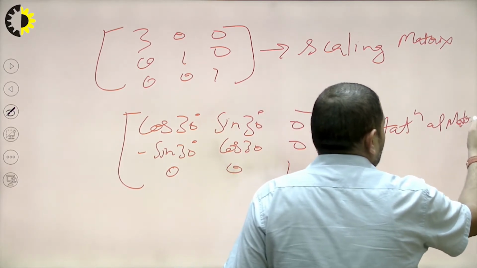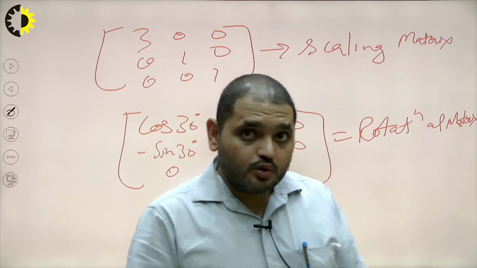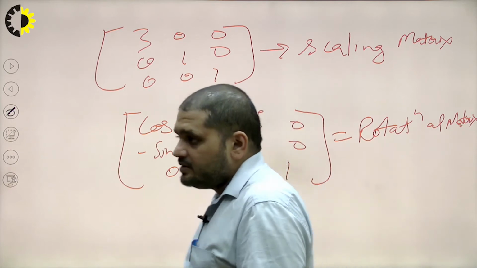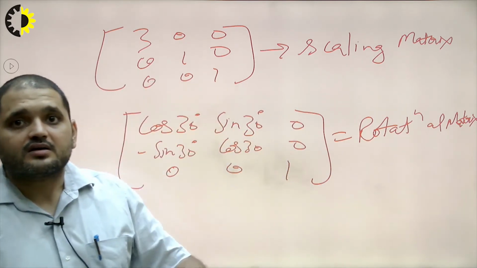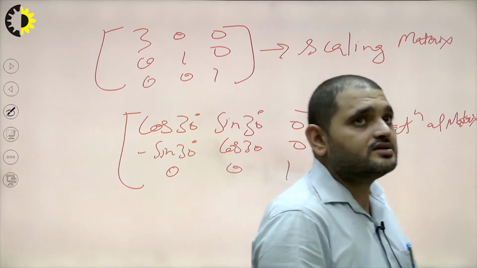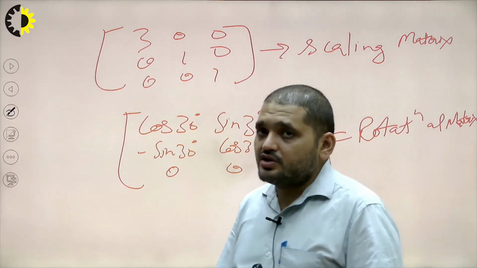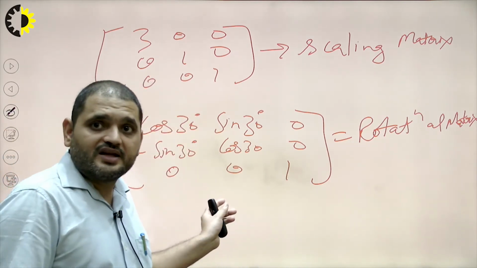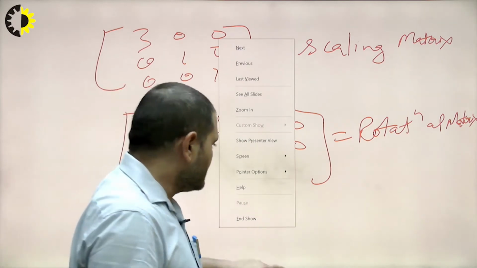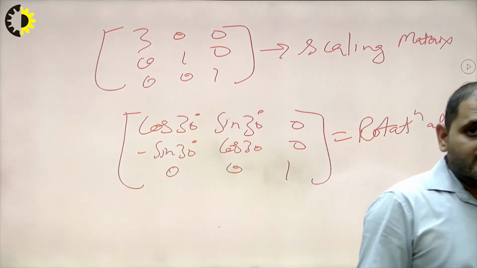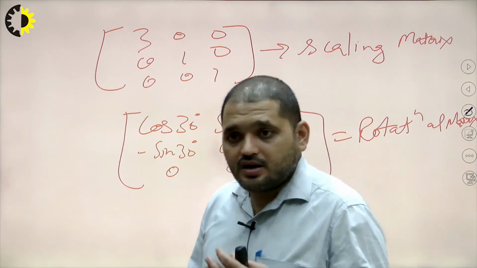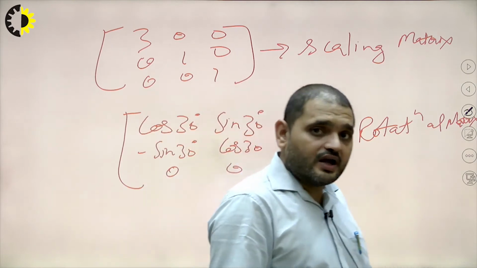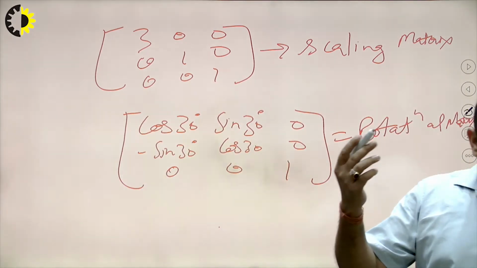And one thing is to be kept in mind: the things we do just to apply the matrix, we have to reverse back so that the original conditions can be achieved again. We have translated the triangle by 1, 1 just to apply this rotation matrix. So we will translate it back after applying this rotation matrix. We have to translate the triangle back to its original position.